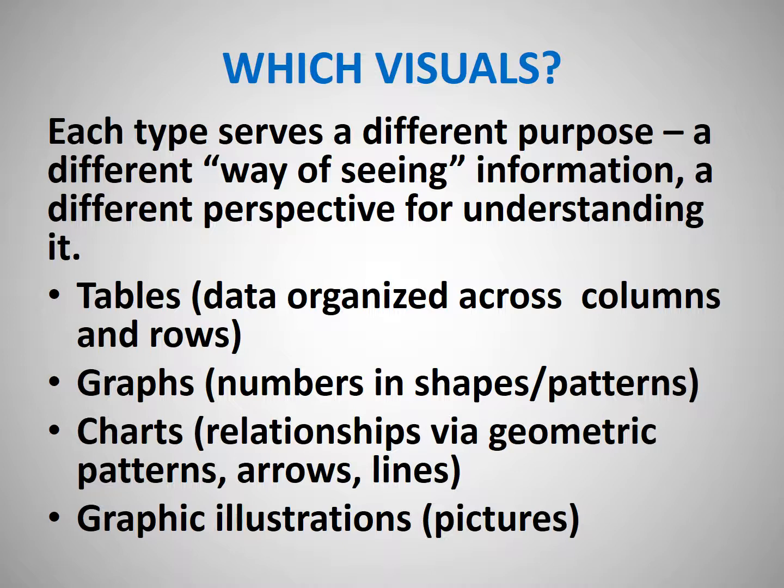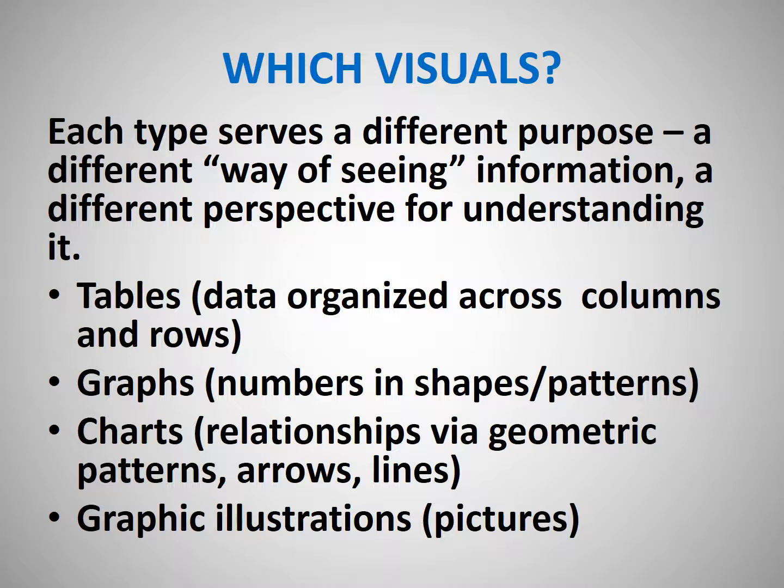So different kinds of visuals are going to help you convey different kinds of information. You, as the author, need to decide what kind of visual is going to most efficiently, most clearly, best convey the information I'm trying to convey.